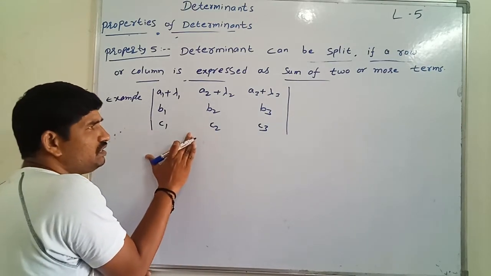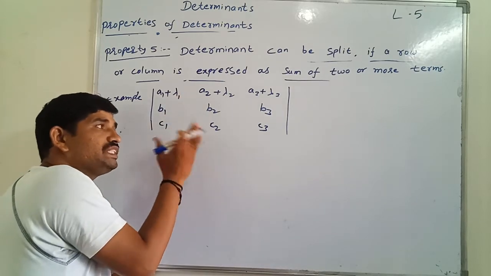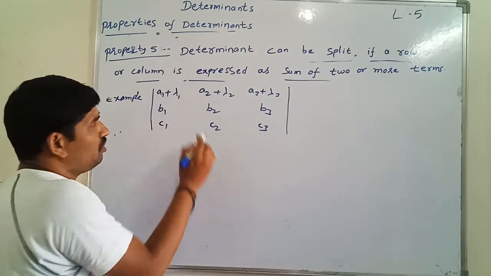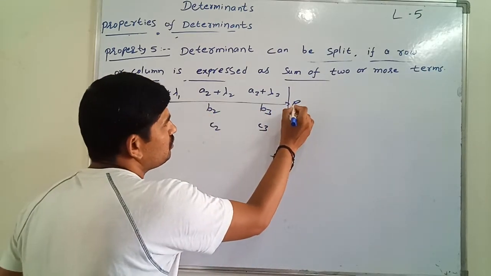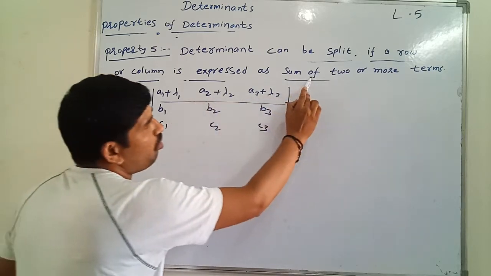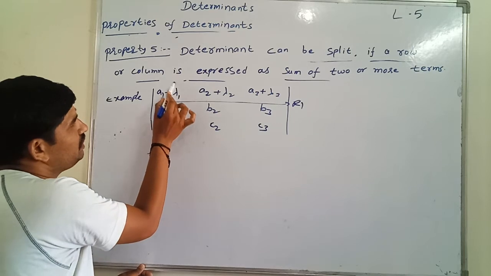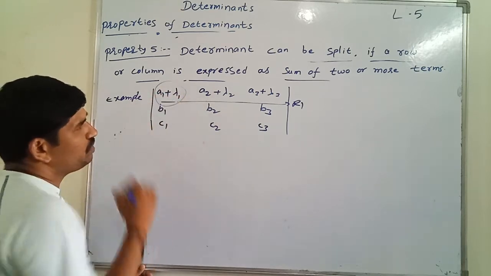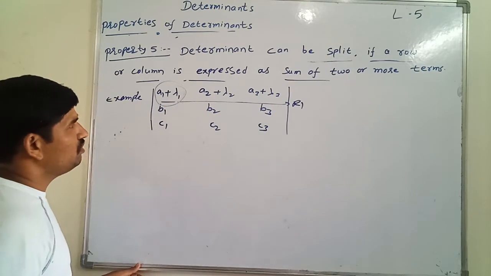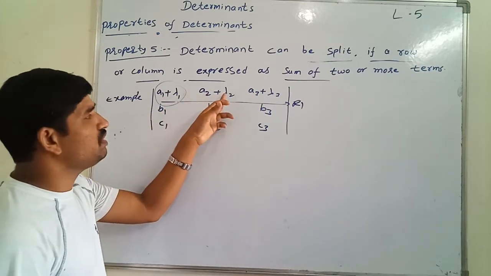In this determinant I am going to split it. When can we split it? There is a condition: a row or column, suppose we take the first row here, is expressed as a sum of two or more terms. See, in the first row we have a1 plus lambda 1, then a2 plus lambda 2.